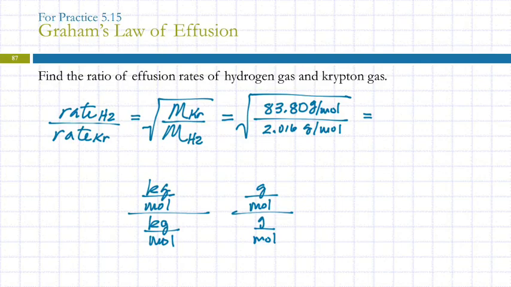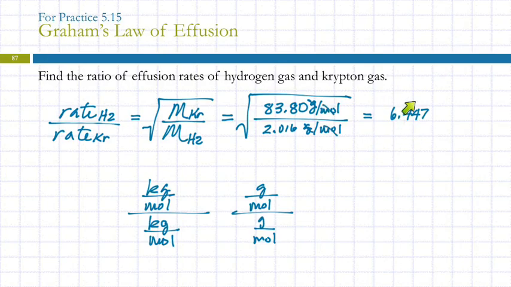On the 36X Pro, you do the square root symbol first, and then do the 83.8 divided by 2.016 equals. Probably go with 4 sig figs on this. And that's a ratio. It's unitless. The grams cancel, the moles cancel.